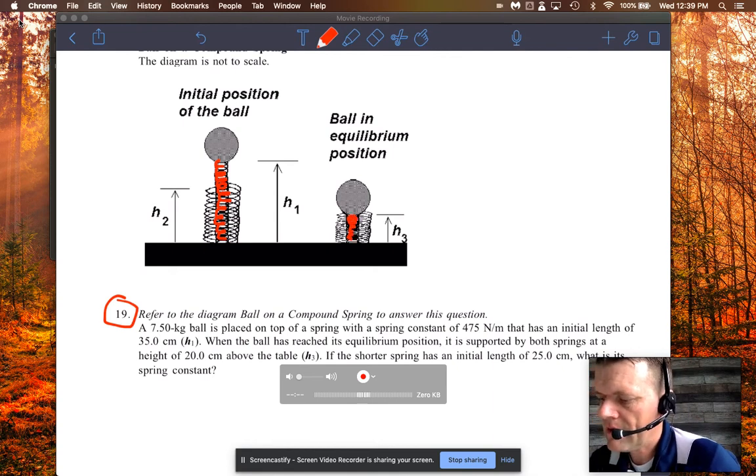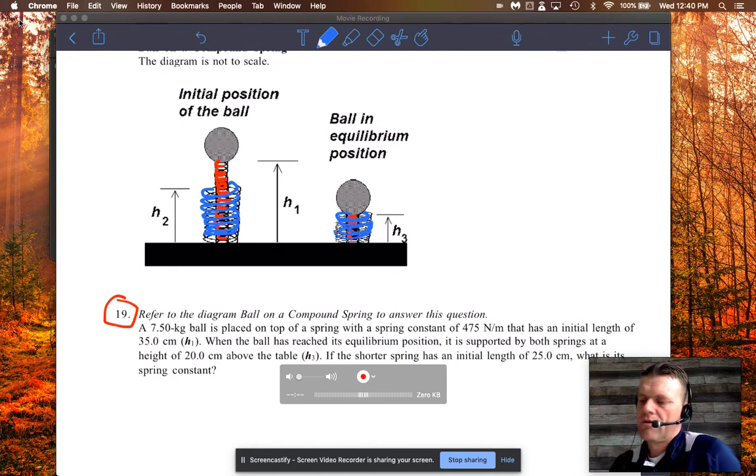In the second position, both the skinny spring and the wider one are compressed, and we'll call that the blue one. So maybe we just call them red and blue, because now I can color code them. So you have the red and the blue spring.